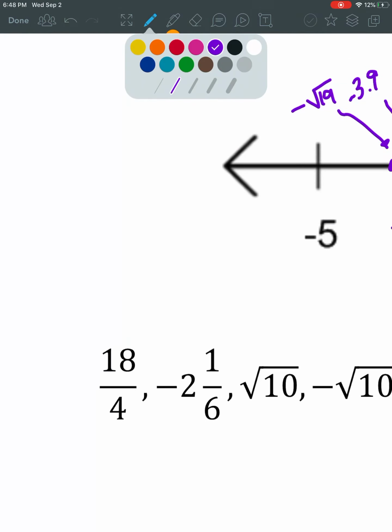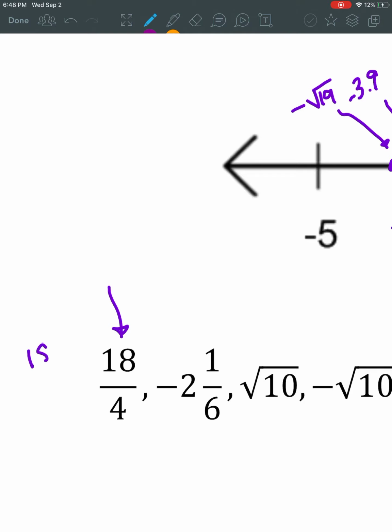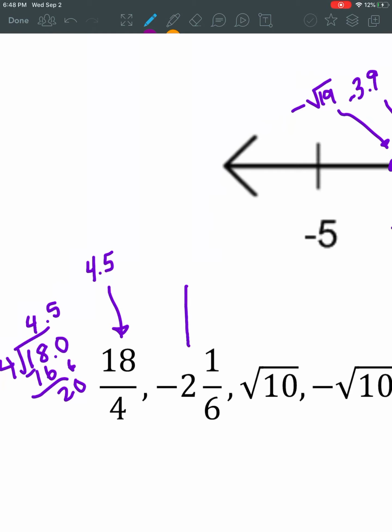Okay, one more, 18 divided by 4. So 18 divided by 4. 4 goes into 18 4 times. We get 16. Subtract them. I'm going to add my decimal and my 0. So 4 into 20 is 5 times. So this is 4.5.